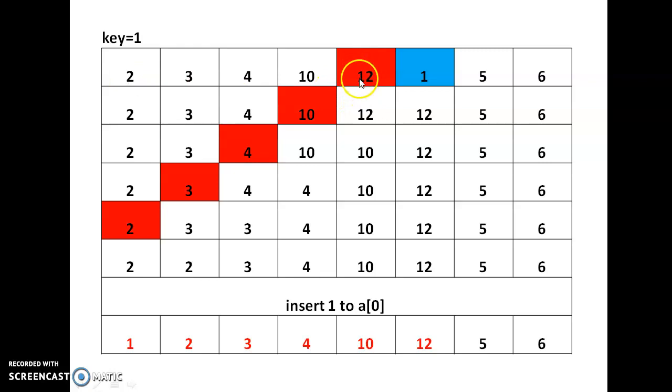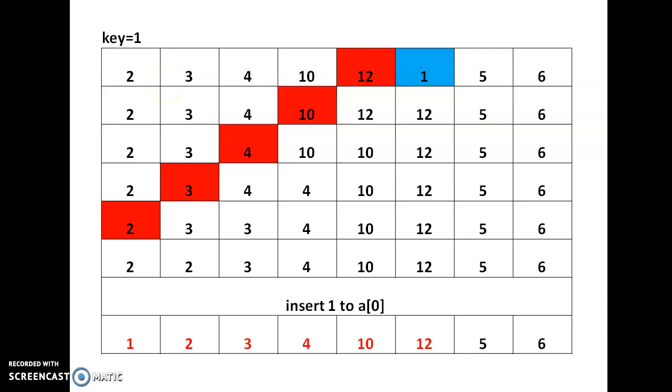That means when we are considering this position as I, j value is starting at I minus 1 and it is considered up to 0. That means whenever the key value is equivalent to A of I, the comparison starts at J equivalent to I minus 1 and J greater than or equal to 0. Up to that the comparison is happening.